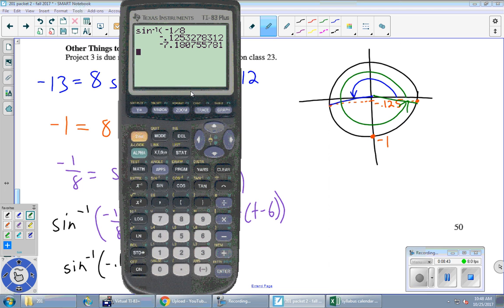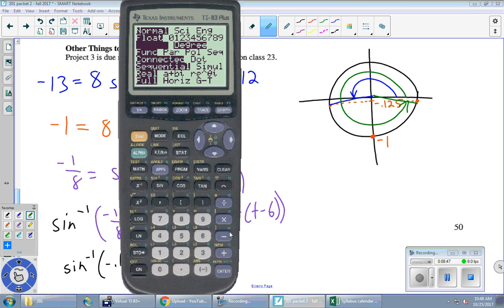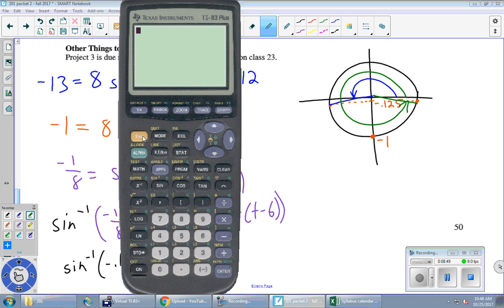Okay, so we've got that top answer. We'll go back to radian mode here. And I will write this one down to the nearest thousandth.